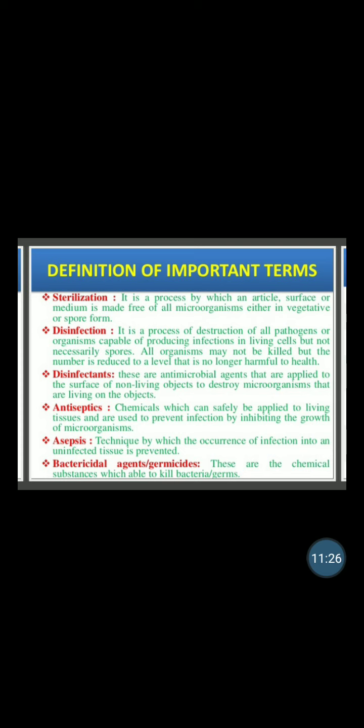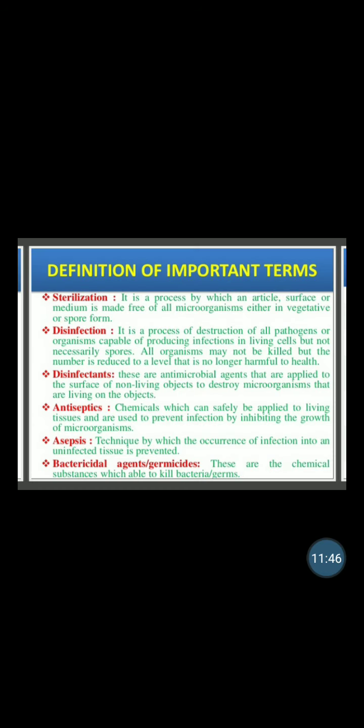In the physical method, first is the use of sunlight. Sunlight possesses germicidal activity due to the combined effect of UV (ultraviolet) rays and heat rays.